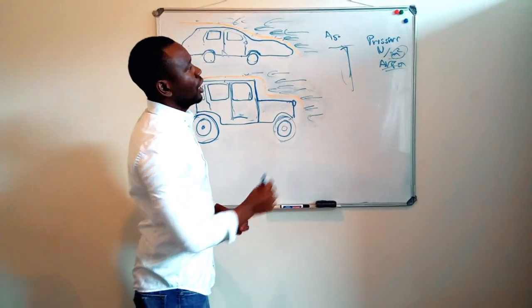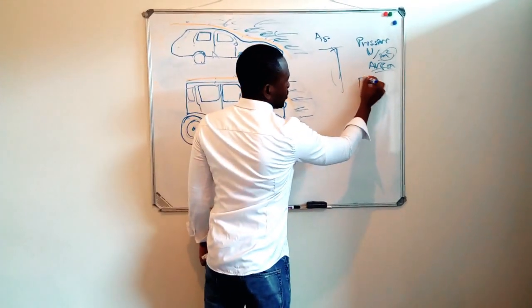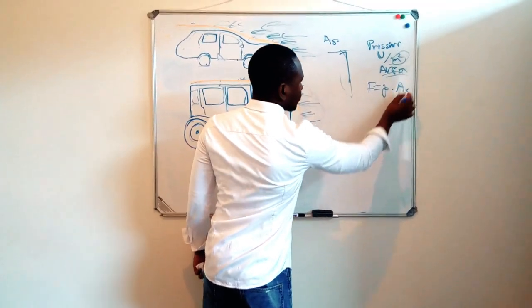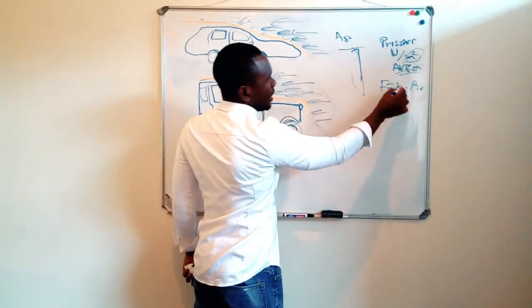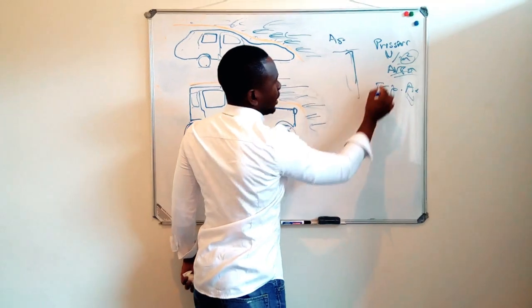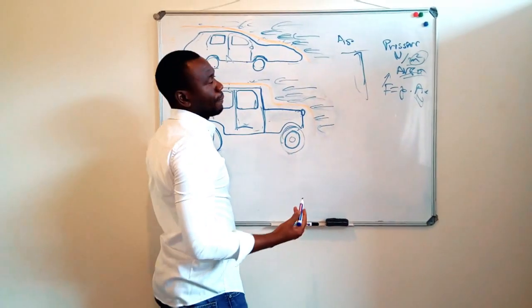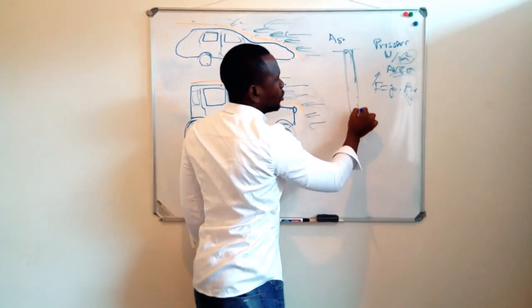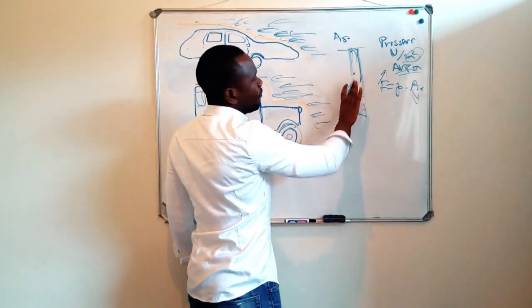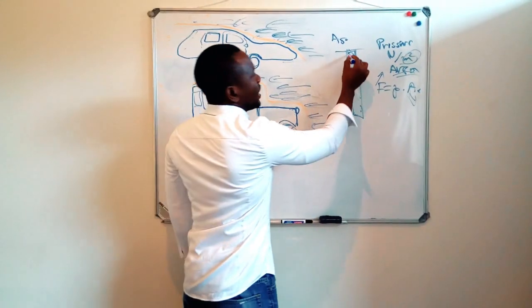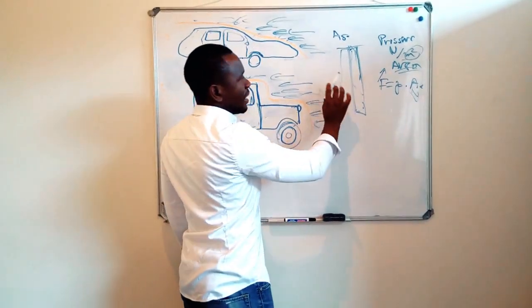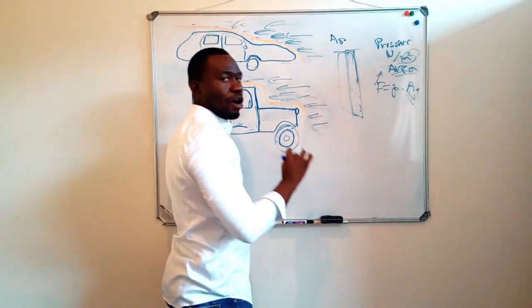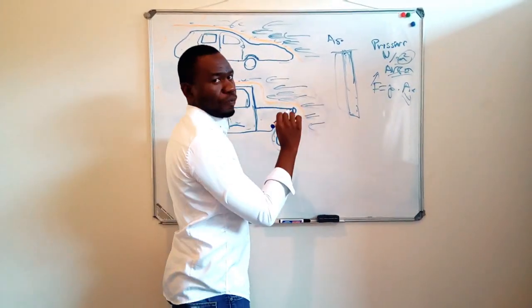So which means if you have to calculate the force, which is given by pressure multiplied by area, then the bigger your area, the bigger your force. Meaning, if a door presents a bigger surface, then a bigger force will be applied on the door.